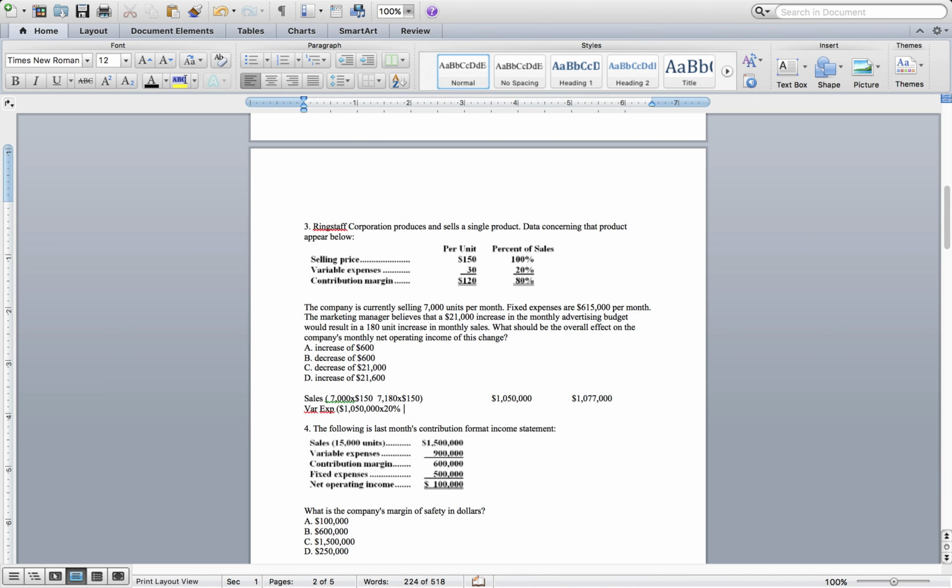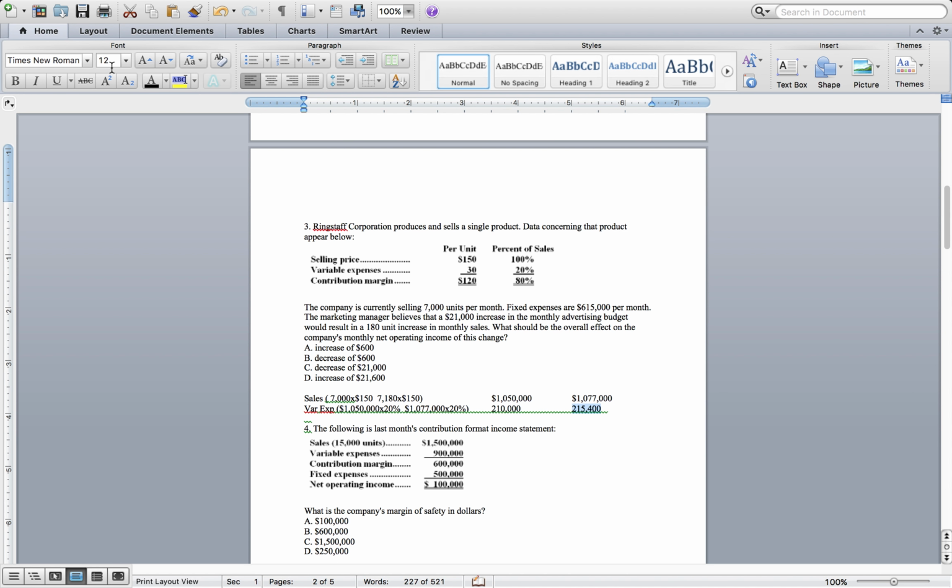And for the second one, you're going to take the 1,077,000, again multiply by 20%. So we see here, for the 7,000 units, that's 210,000. For the 7,180 units, that's 215,400.